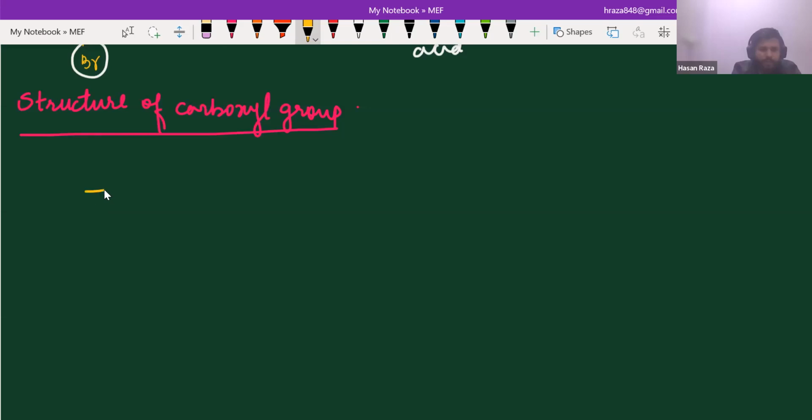As you know, this bond is connected with an alkyl group, and this is your double bond, and this is your O, and this is your H. And you also know this will have two bonds, so there will be resonance. This oxygen will take electron from carbon, so carbon will have a deficiency of electrons. So this will move to this.